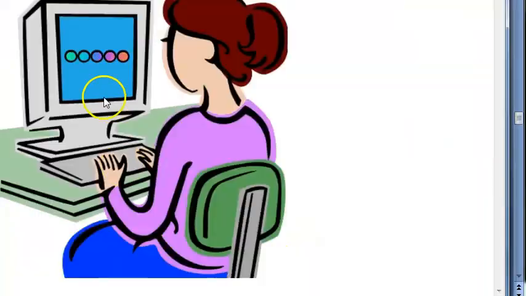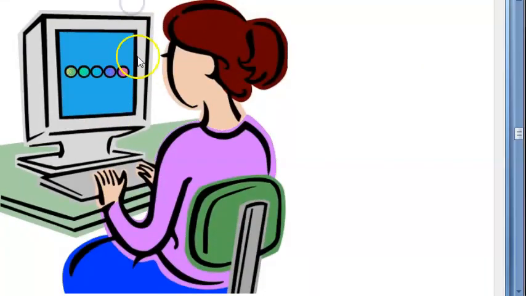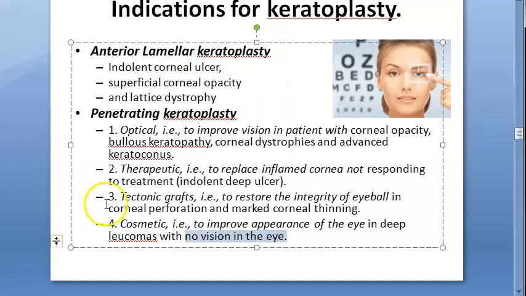Okay. So did you understand for anterior what the indications are, and for a penetrating what the indications are? Penetrating means basically they are not talking about any superficial problem. They seem to be talking about a whole problem, like a corneal opacity, corneal dystrophy, keratoconus. Keratoconus actually is still, they said that it is the anterior part which is affected, right? That time they can still do the lamellar.